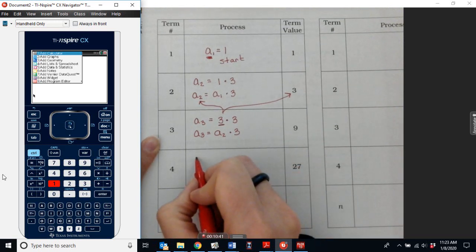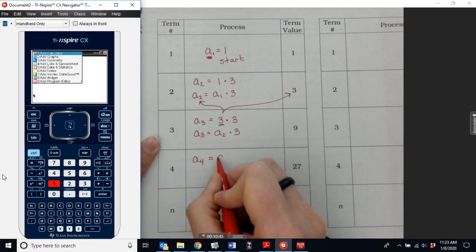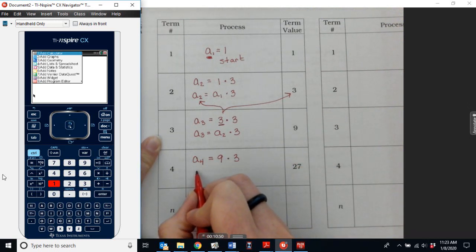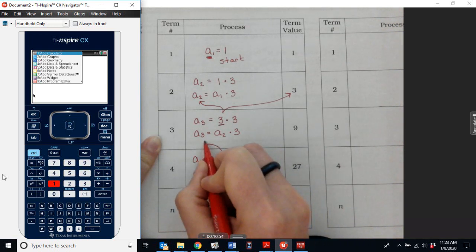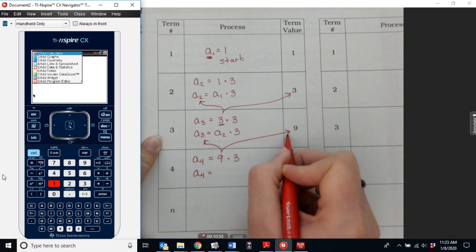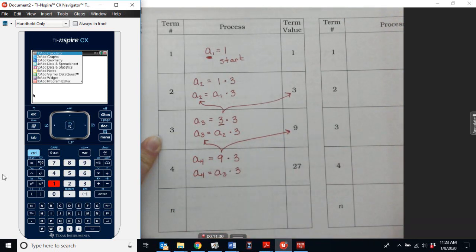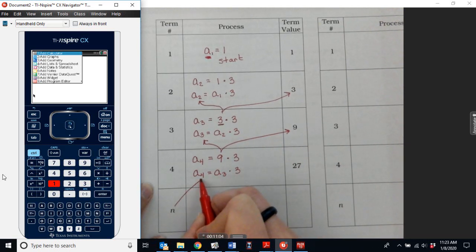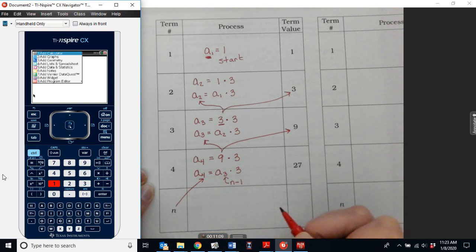And then the last one, A of 4, equals 9 times 3. And so I really say A of 4 is 9 is my A of 3, right? A of 3 times 3. And so every time, this is my n value, and then this would have to be n minus 1.